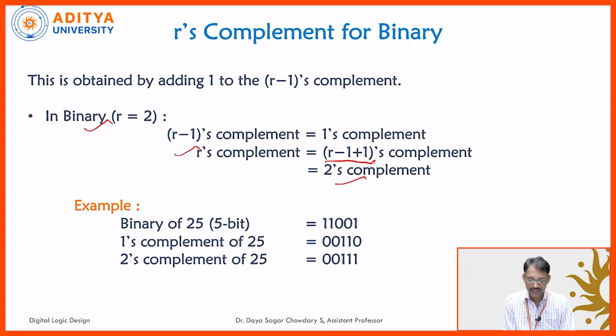So the same representation: the binary for 25, that 5-bit representation, is 11001, and 1's complement is simply switching from 1 to 0 and 0 to 1, and 2's complement is simply adding 1 to the last digit, that means the LSB, to this particular 0, which gives our result 111. So this is the simple representation of r's complement for the binary.